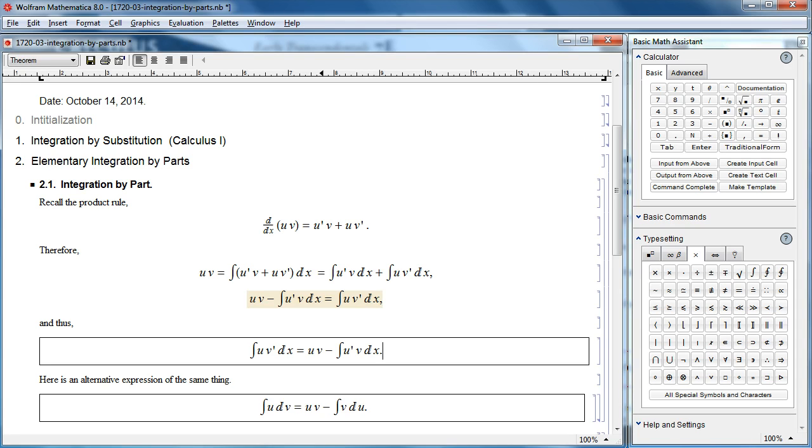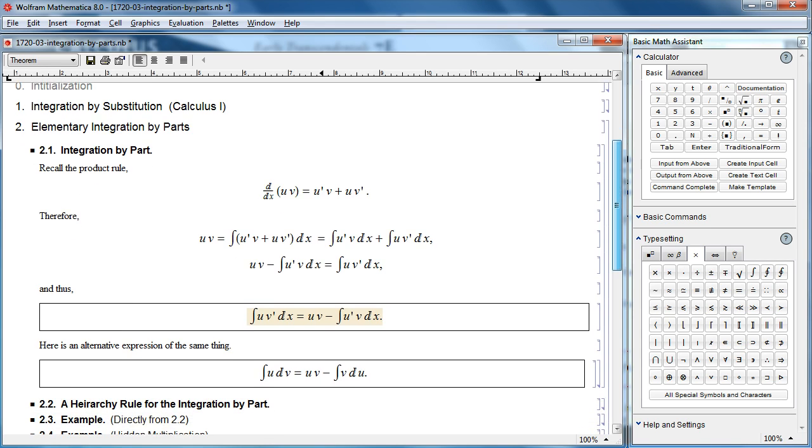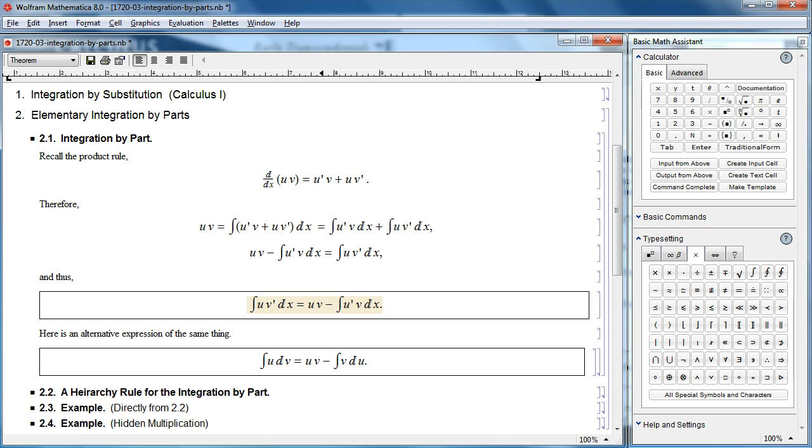Consequently, flipping them over, we get this very, very important formula, which we call the integration by parts formula. Integral of u v prime dx is uv minus integral of u prime v dx. If you're more comfortable with differential computation, you can use the second formula too.